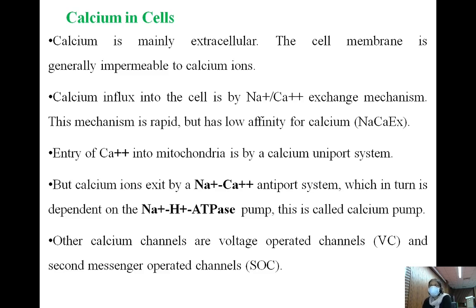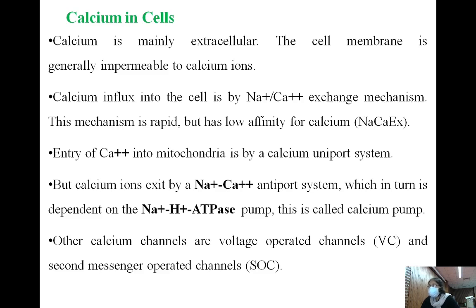So calcium influx into the cell occurs by the sodium calcium, not sodium potassium, exchange mechanism. This mechanism is rapid but low affinity. It is very fast but a low affinity pump for calcium.